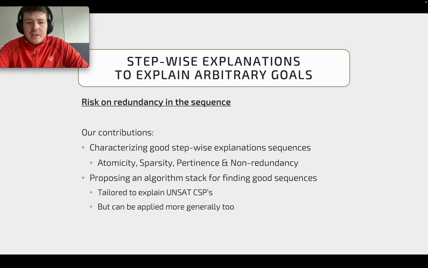So this was the main insight that we got from applying stepwise explanations to arbitrary goals, like for example, explaining unsatisfiability, that we have some risk of redundancy in the sequence. So we came up with some properties that would characterize this redundancy, and that we would like good sequences to adhere to.